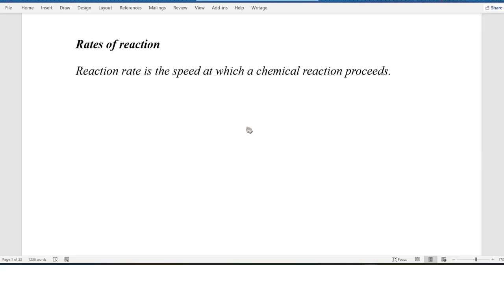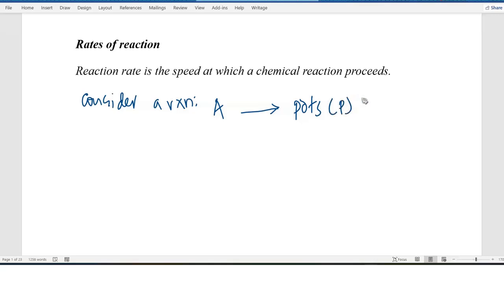So if we consider, for example, a reaction such as A decomposing to give us a product, for example, P. Now, the rate of reaction will be the rate at which A, the reactant, is disappearing.